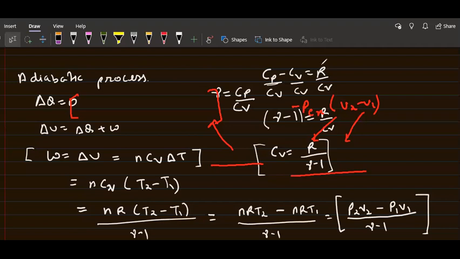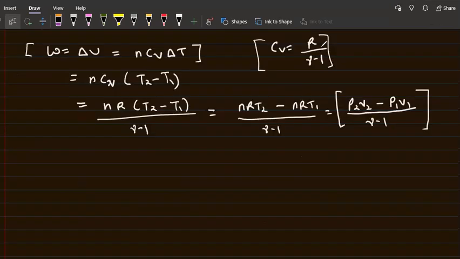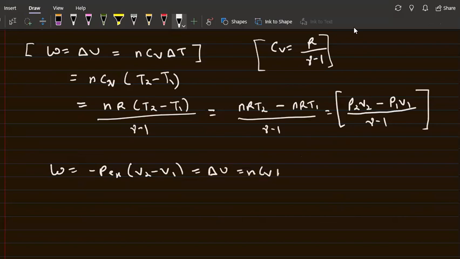So I am saying that for irreversible process, we have the formula: work done is equal to minus P external into V2 minus V1, which is equal to delta U, which is nCv delta T. So this we have already derived.